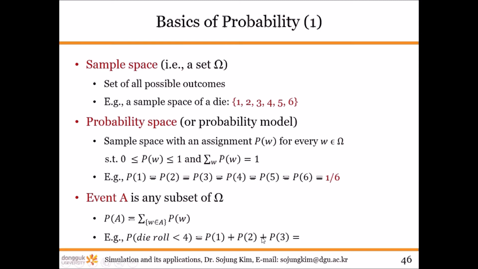So in other words, 1 over 6 plus 1 over 6 plus 1 over 6. So basically, the conclusion will be 3 over 6. So it will be 50%, or 0.5, the probability value of this event A, right?